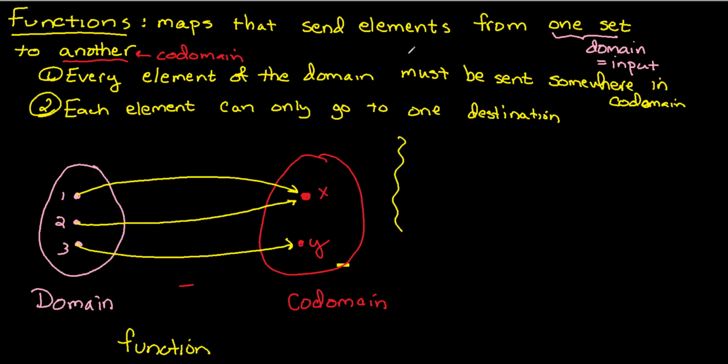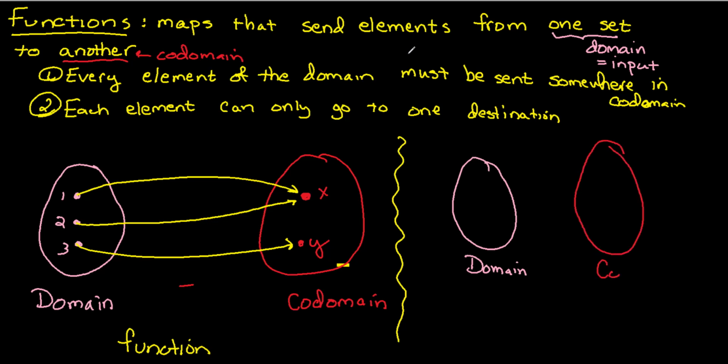In contrast, if I drew you a different picture, here's my domain. I'll label it domain. And my codomain here, I'll label it codomain. In contrast, suppose I had 1, 2, and 3.